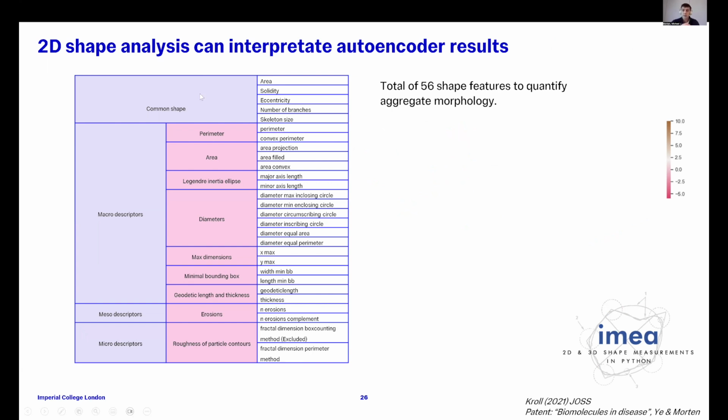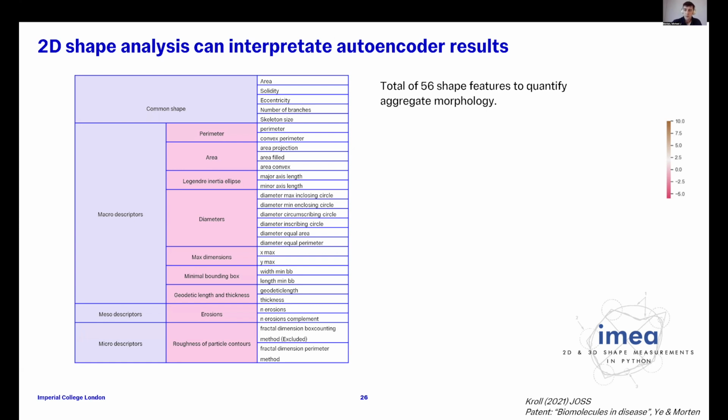It's a Python package which defines, I think, over 50 different morphology features or 2D shapes. Some are more intuitive than others. Some are very simple, like the area and perimeter, but things like the geodetic length are not quite intuitive, at least to me. On top of that, we added 5 different shape features that have been used in the past to describe aggregate morphology.